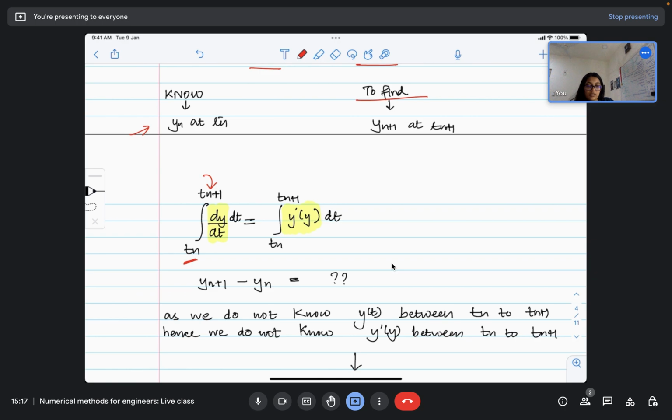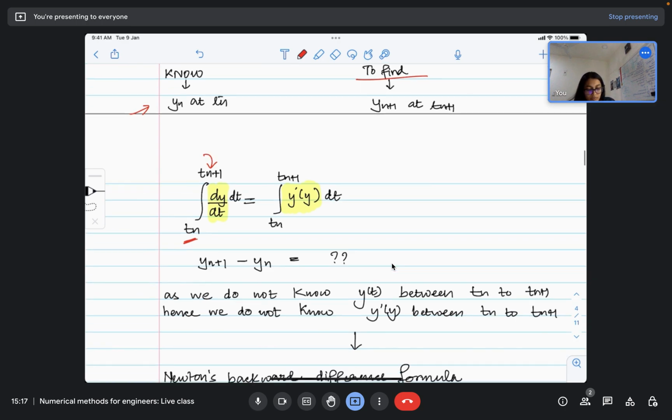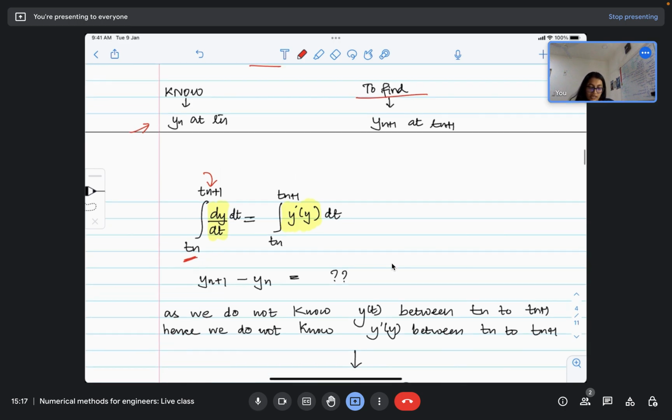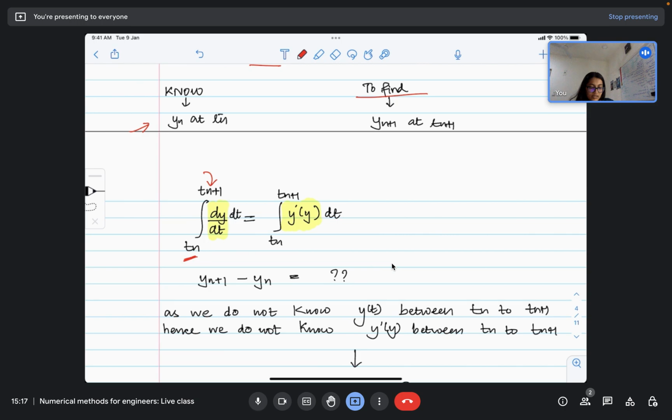First try to understand this expression. We are integrating dy by dt, and since it's an integral across the time domain, dt. We just wrote in the previous step that dy by dt is nothing but y dash, which is a function of y. So we can write the expression in this manner.